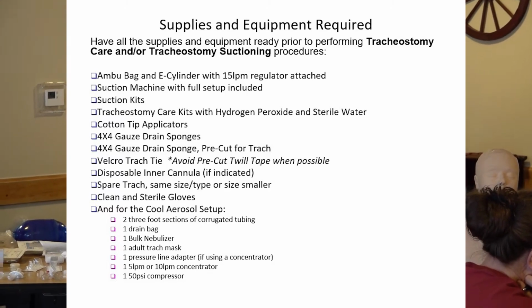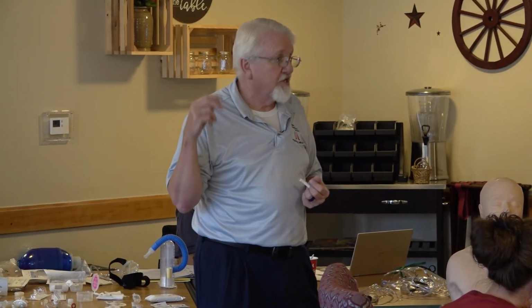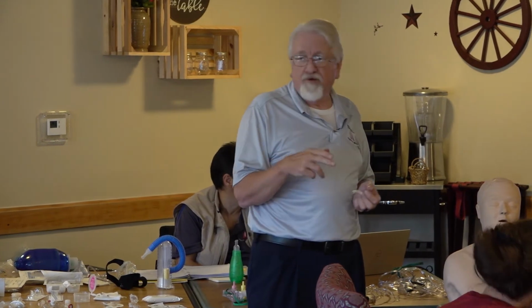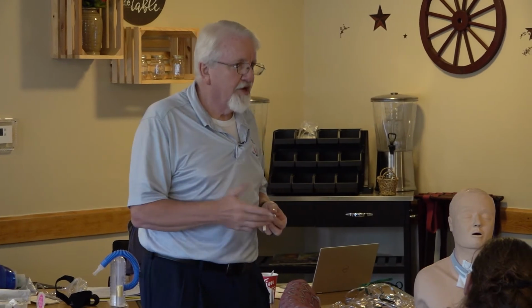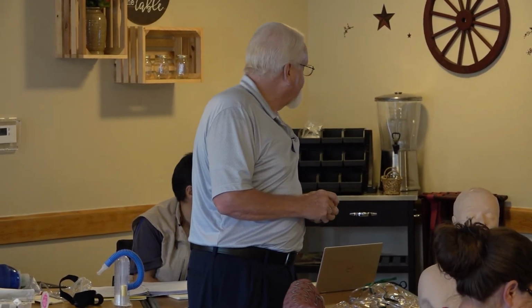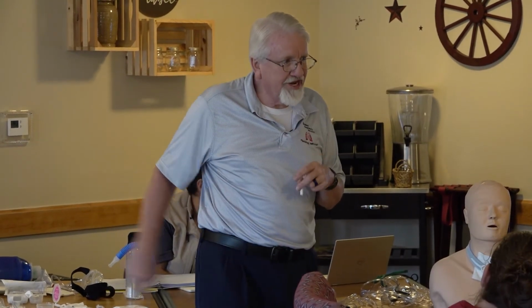Those are either going to be individually wrapped, which you use everywhere, or there's going to be one in the Trach Care kit. One thing to remember on your split sponge, don't take a 4x4 and cut it. Okay, don't do that. That's a no-no. Find a drain sponge somewhere that's made that way.